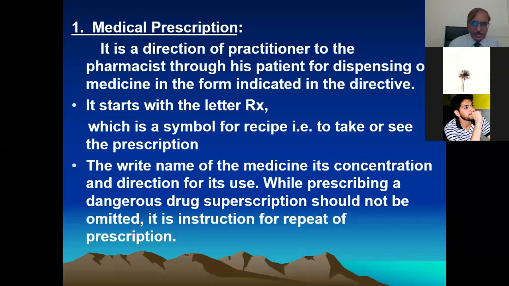Dangerous drug is the word used for those drugs which have the potential of addiction. Such drugs which have potential of addiction should be given for a specific period of time, and the number of times this prescription may be repeated should be clearly written so that the person may not misuse it permanently.